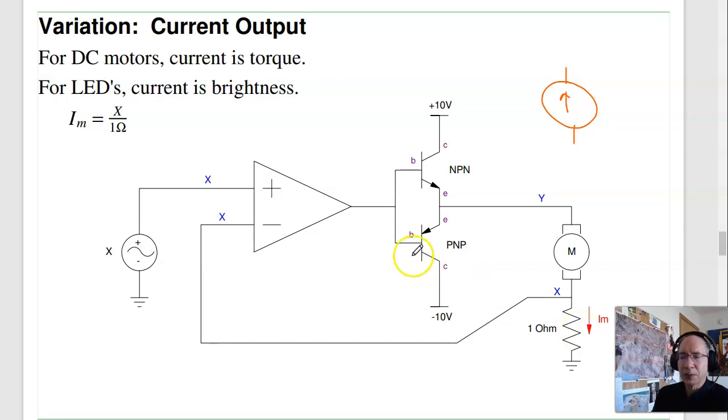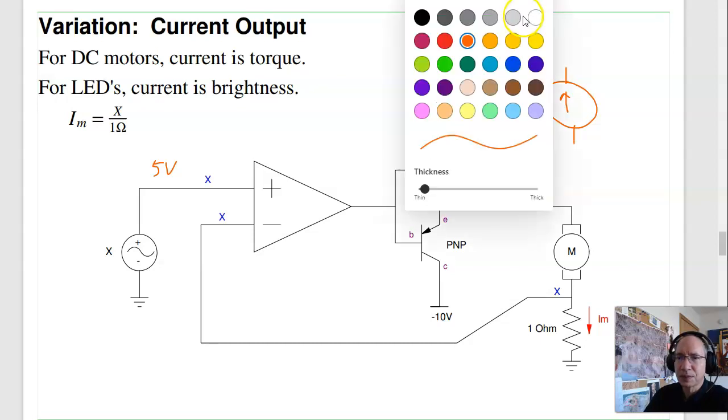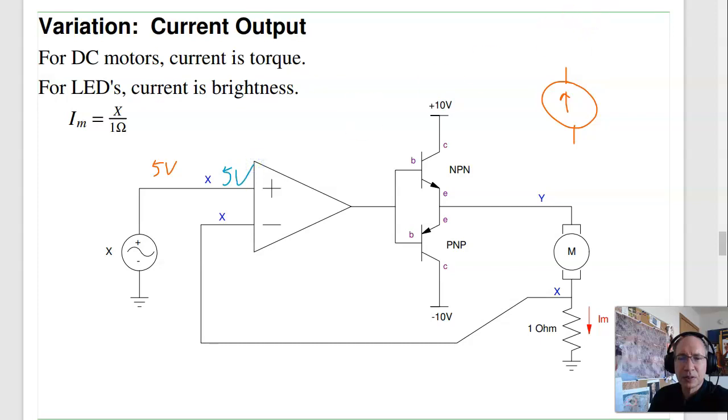Kind of the way this works is, suppose X is 5 volts. Well, V plus equals V minus, so this is also 5 volts.